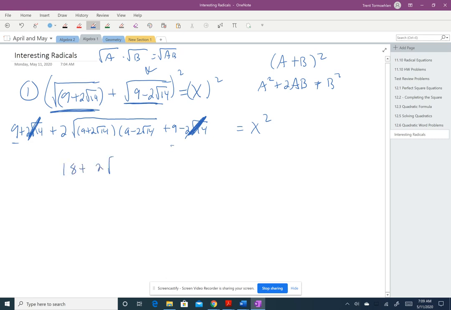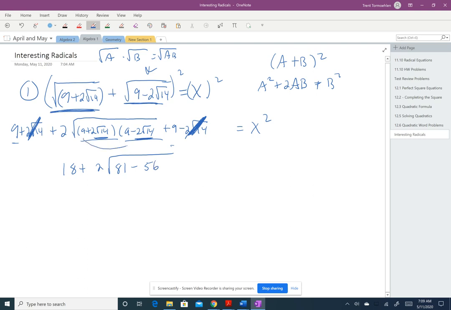And then inside the radical, I have this binomial, but it represents a difference of squares, right? Because you have a plus b, a minus b. So what you're going to have is 81 minus 2 root 14 times 2 root 14, which equals 4 times 14, which is the same as 56.